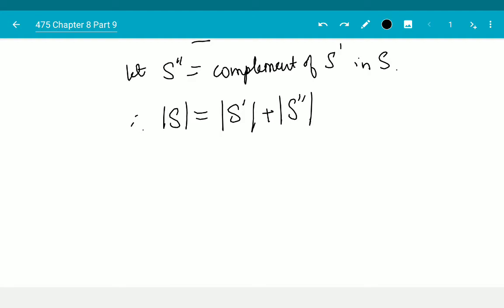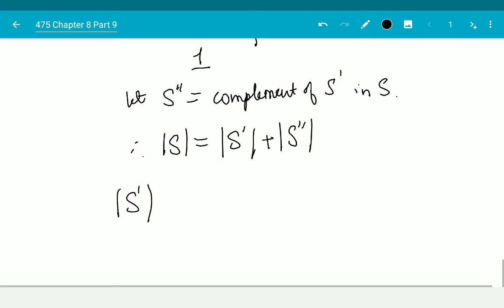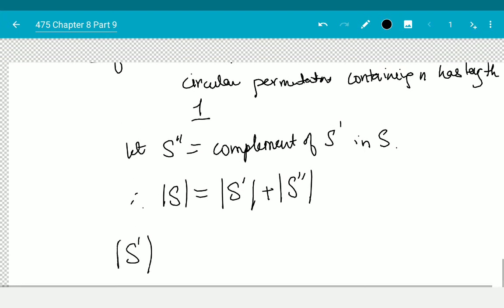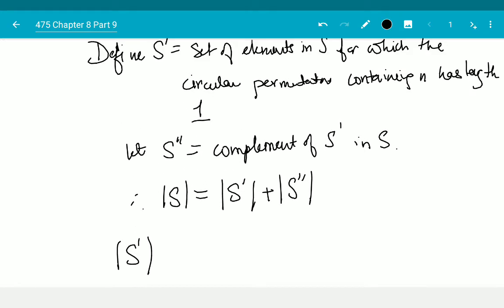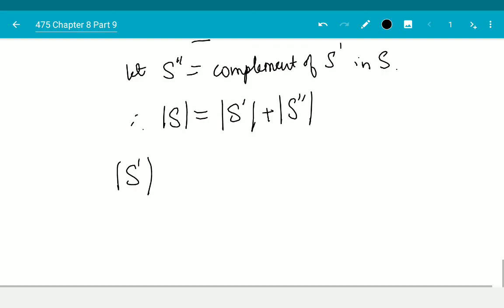Well, what is the size of S prime? Well, for S prime, I am arranging my circular permutations and there is one circular permutation that has length exactly 1. So basically the element n is kept separately, right?